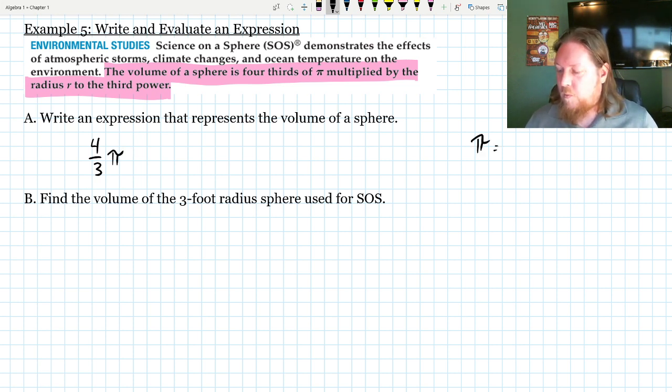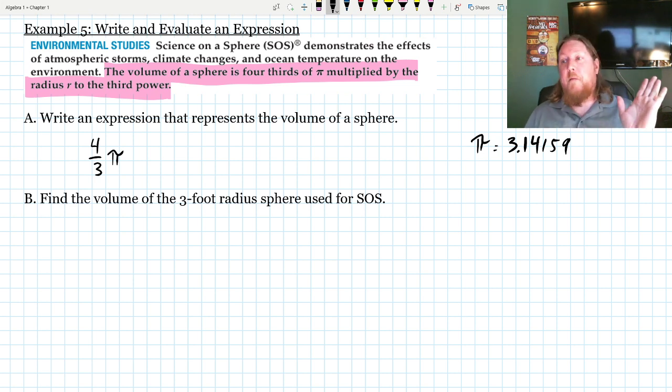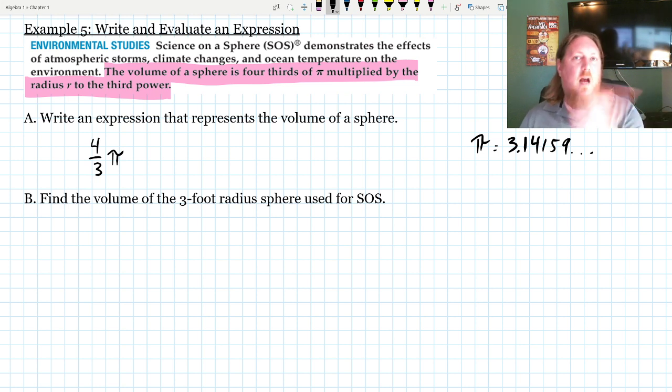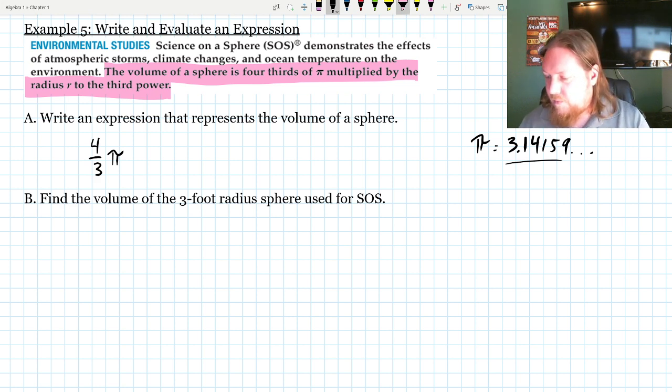Usually we just do 3.14. That's good enough. I usually just have it 3.14159. It keeps going on forever. Some people know thousands of decimal places of it. For me, that's all I have ever needed. For most people, 3.14 is the most you need.